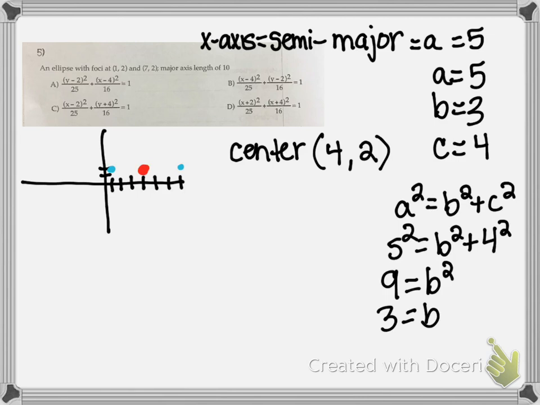So that means I have a minor length of 3. So my major is 5. And then go up 3 and down 3.